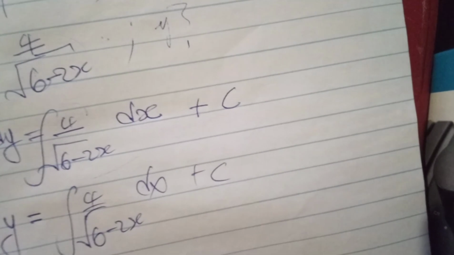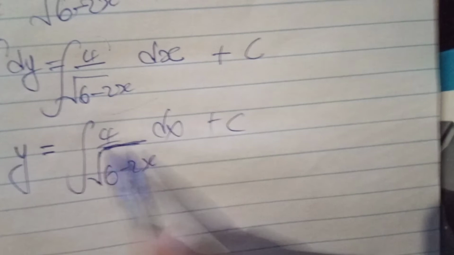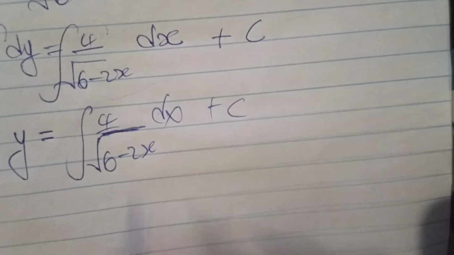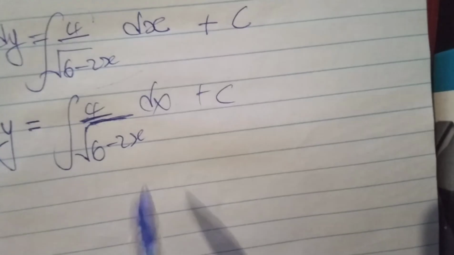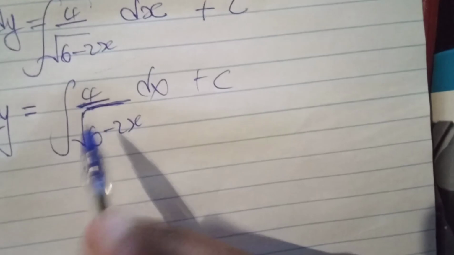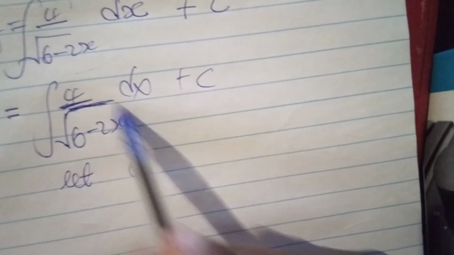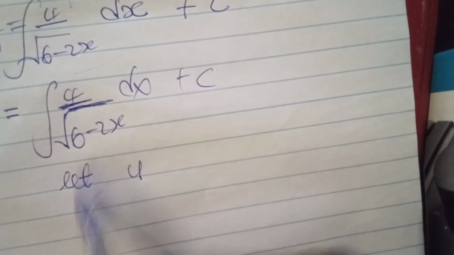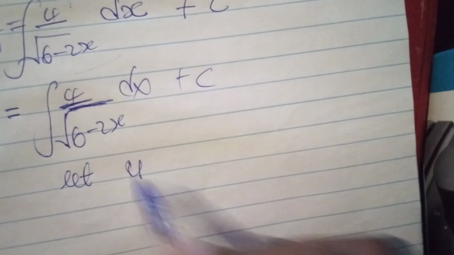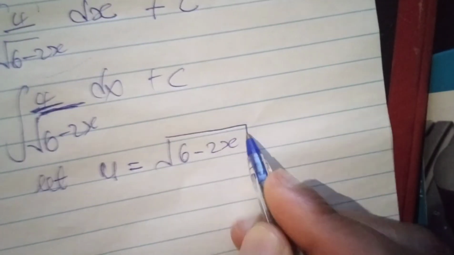I'm not quite sure what methods you have covered, but the way I will tackle this problem is, because this thing is complicated, it is a complicated root, I can simplify it by letting the whole thing be u. So let u be the square root of 6 minus 2x, right?